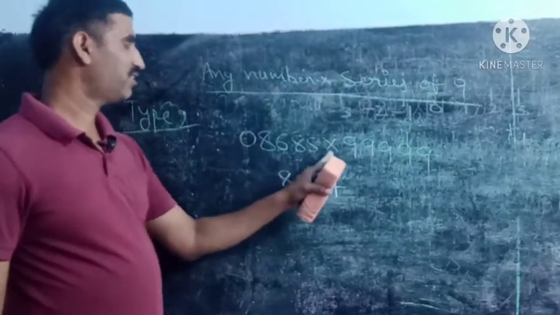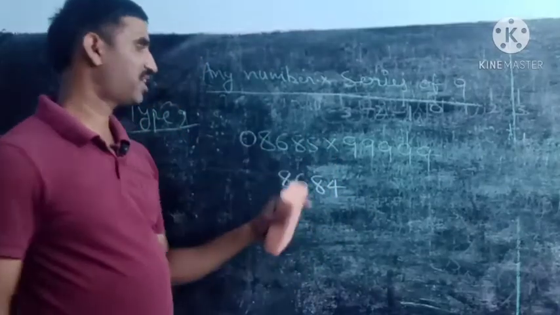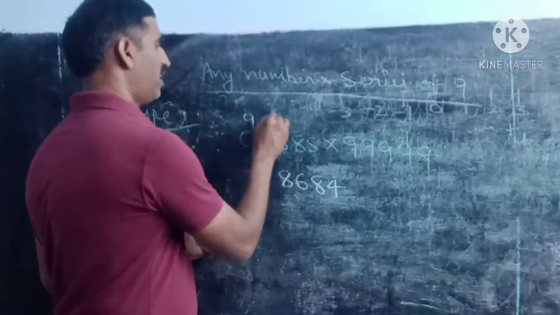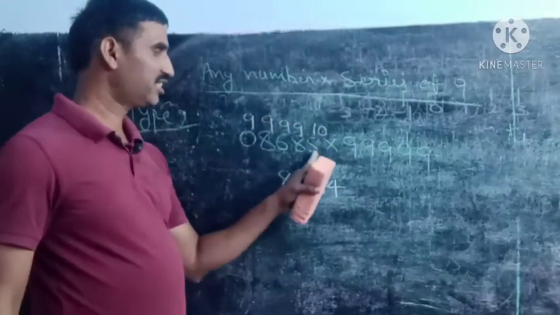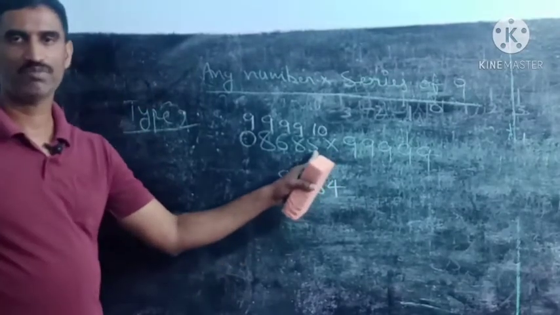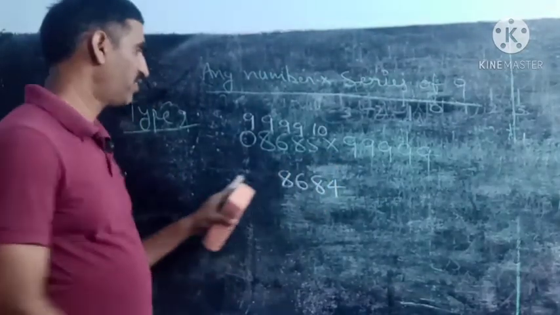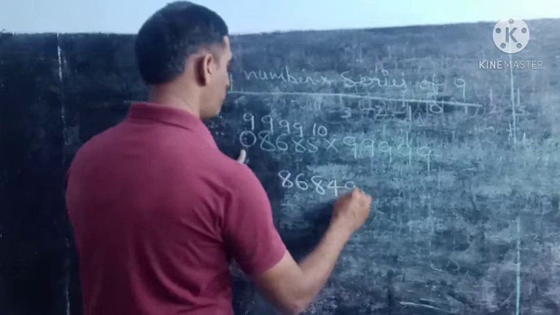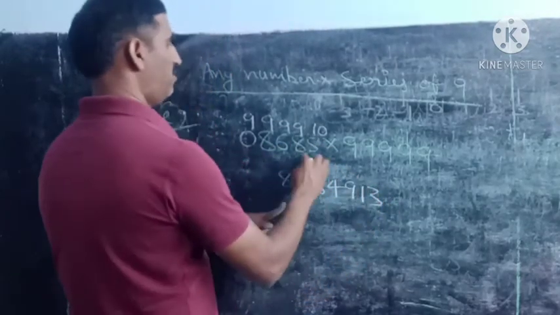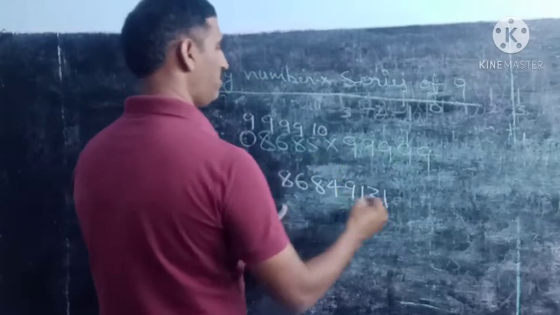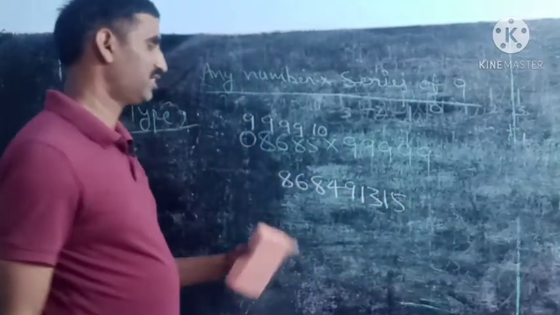Then write the complement of this number. So 9, 9, 9, 9, 10. The last digit must be subtracted from 10, that you must remember. Okay, 9 minus 0, 9. 9 minus 8, 1. 9 minus 6, 3. 9 minus 8, 1. 10 minus 4, 6. This is the answer.